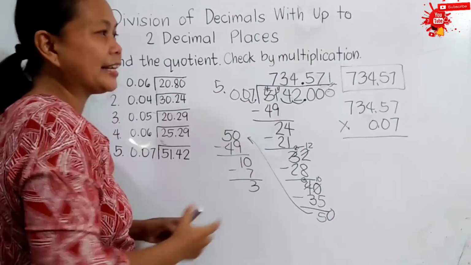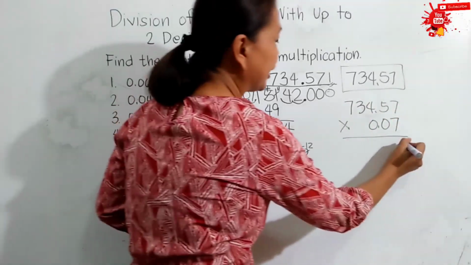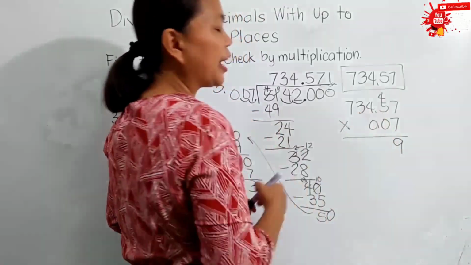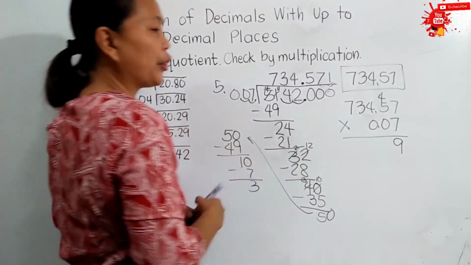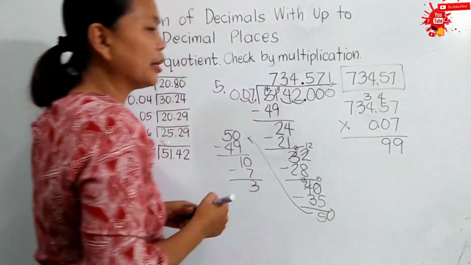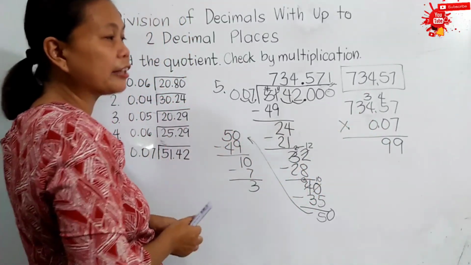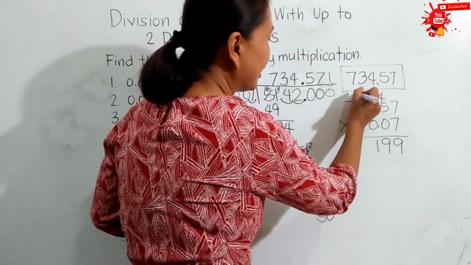Ayan. So, what is 7 times 7? So, we have 49. Carry 4. 7 times 5 is 35 plus 4, 39. Then carry 3. Then we have here 7 times 4, 28 plus 3, 31. So carry 3.